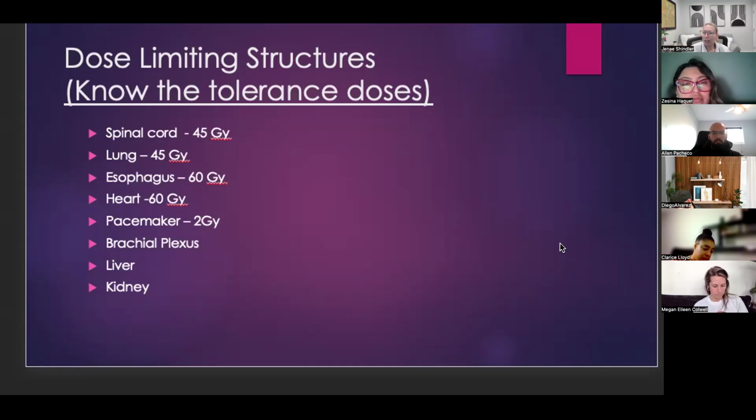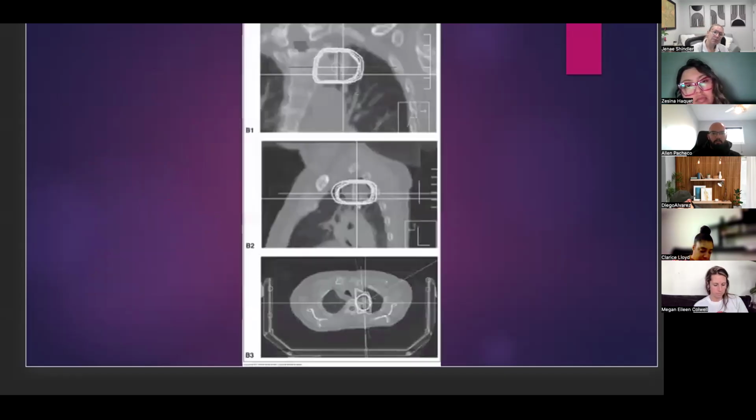We need to know, and the physicists and the doctors need to report how much radiation it's getting. So they put a diode on the pacemaker, and what I do as a therapist is do my best not to radiate it. Now, if it's this patient, I'm pretty out of luck. The pacemaker is going to sit right here.